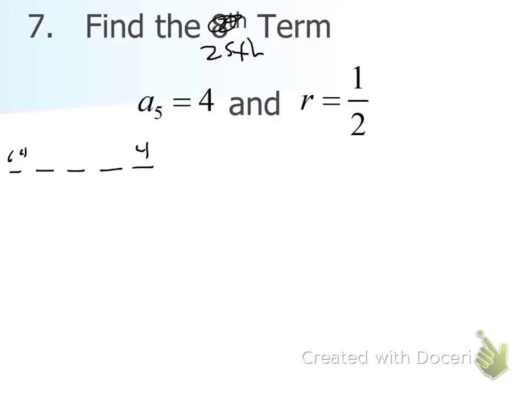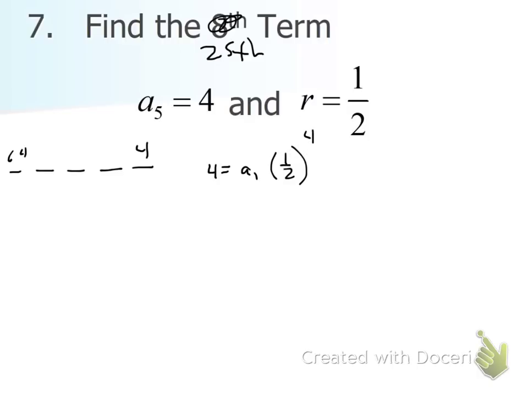But what if it was further down the line? You also could have said the 5th term, which is 4, is equal to the first term times the ratio 1/2 raised to the n minus 1. Look up here. 5 minus 1 is 4.